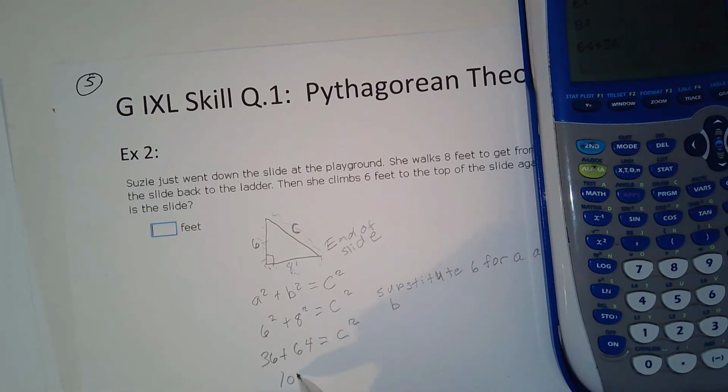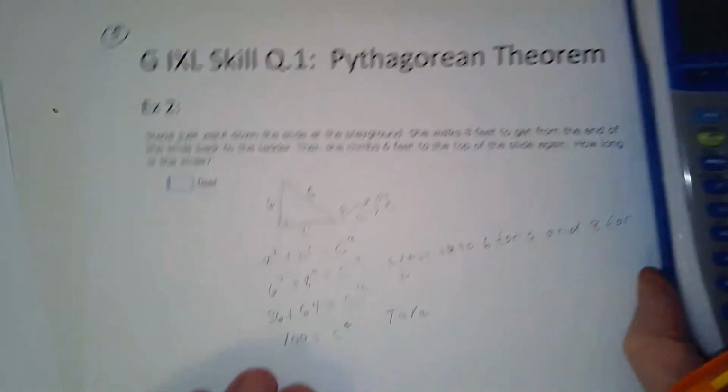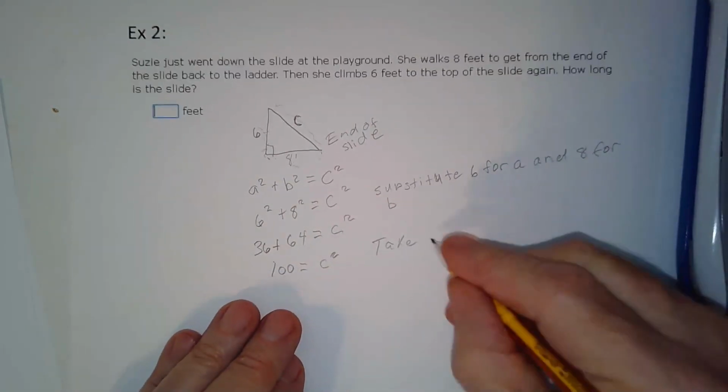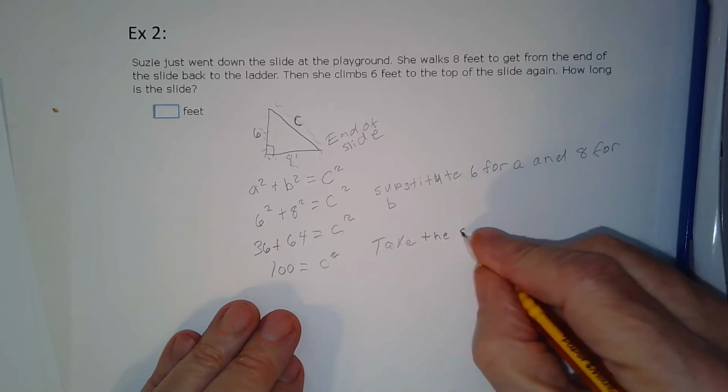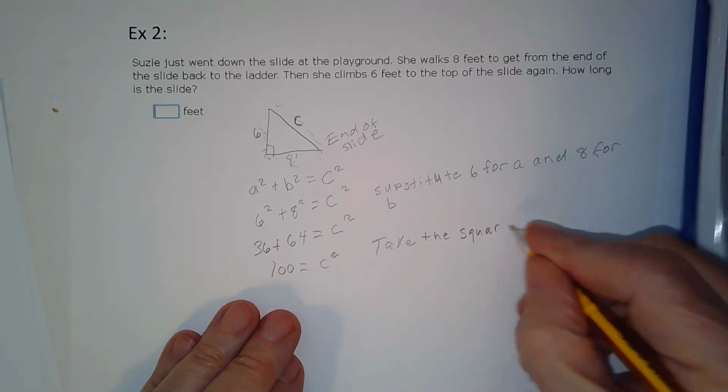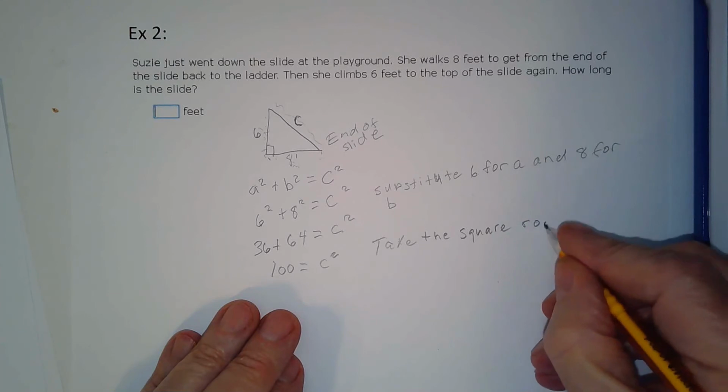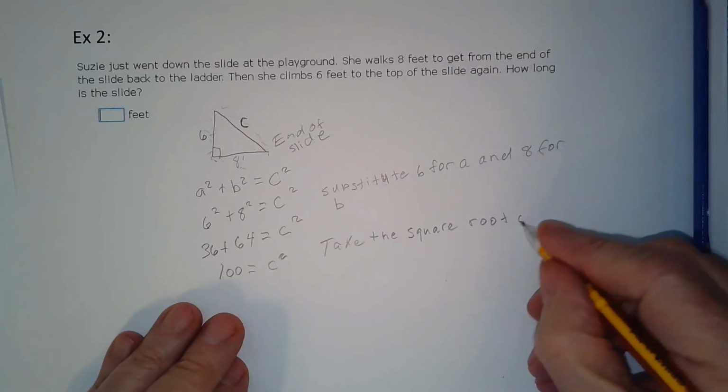Okay, so 100 equals c squared. So now you take the square root of both sides.